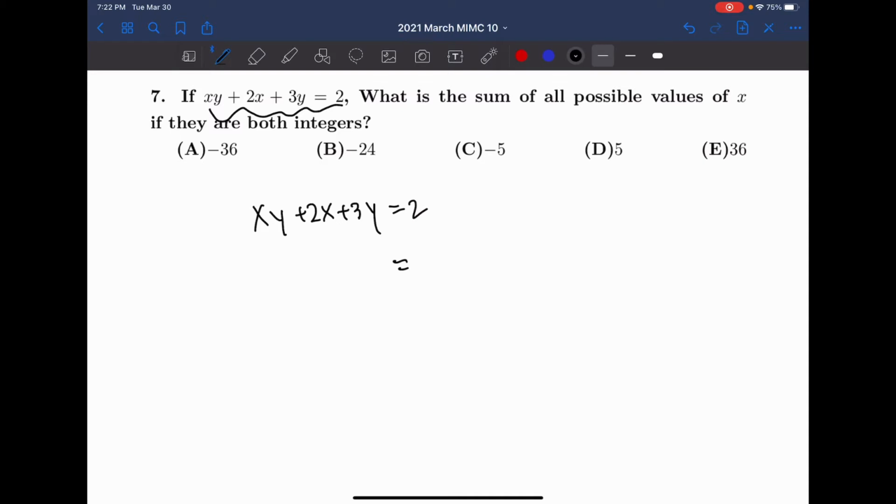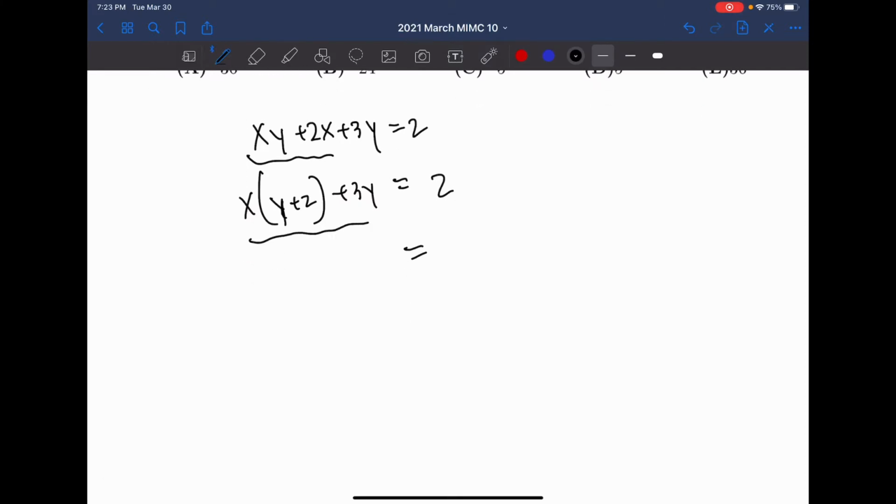And notice that these have a common factor of x, so we can combine them. That will be x times y plus 2 plus 3y is equal to 2. We want to combine this as well so that we can factor this, but we cannot do that unless that y has a plus 2 at the end. So we add that plus 2.